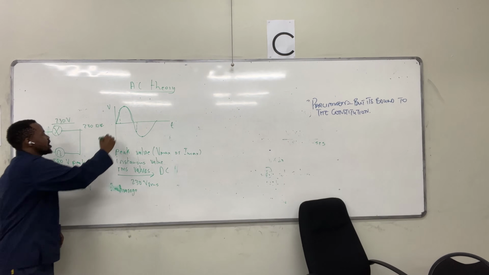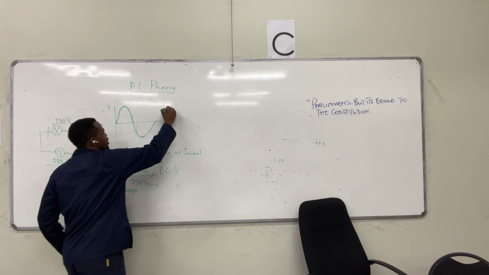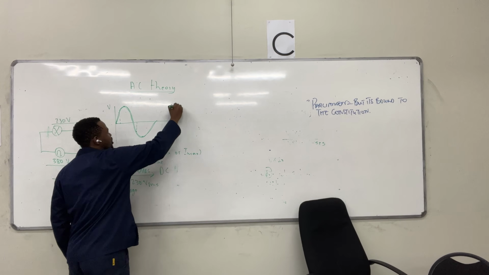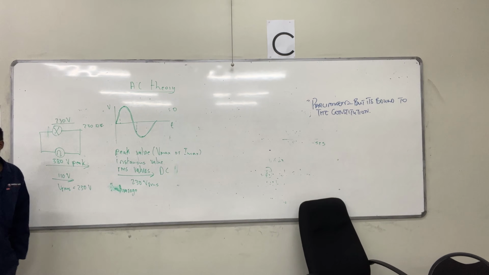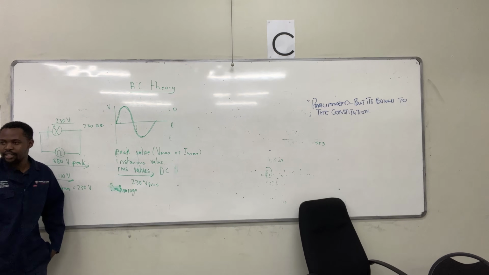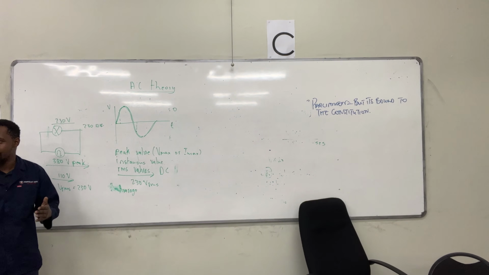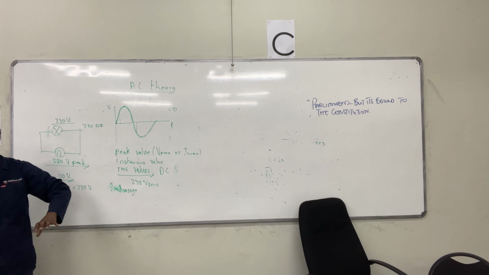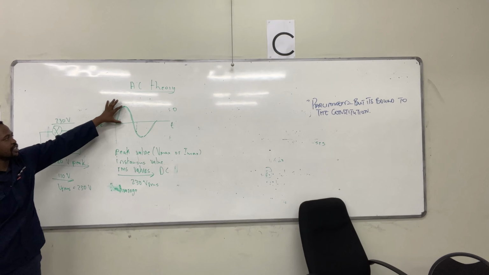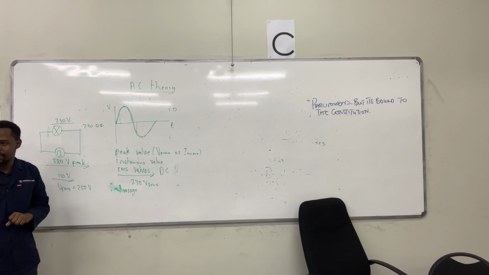If we were to measure average value on the complete cycle, mathematically the average value is 0, because this average will cancel that average. That is math, but the average value we are talking about, as electricians, is only on half a cycle.